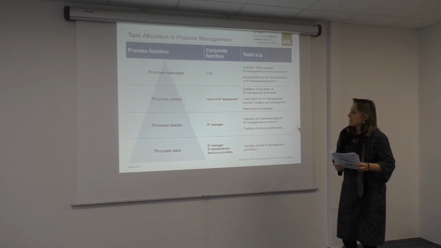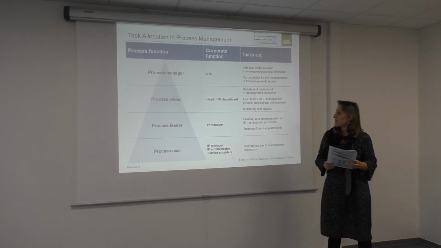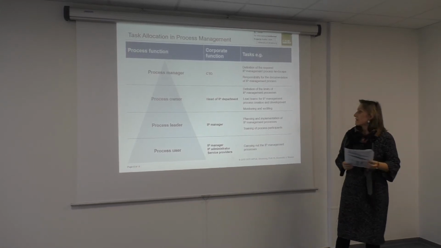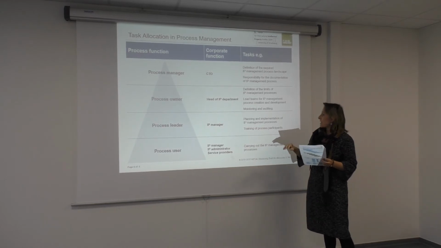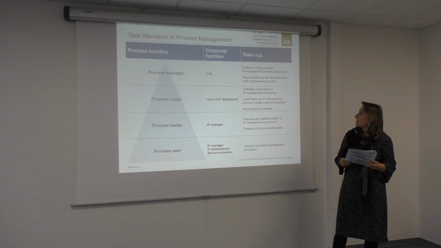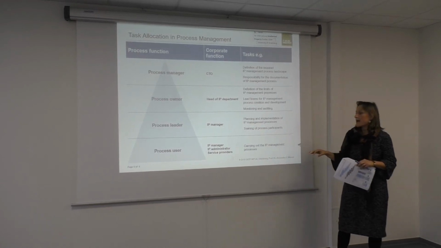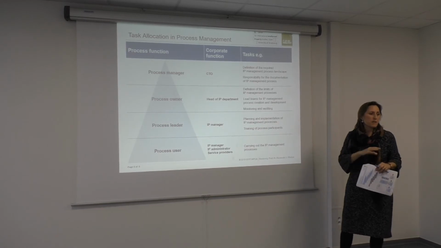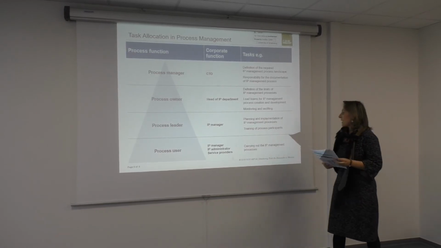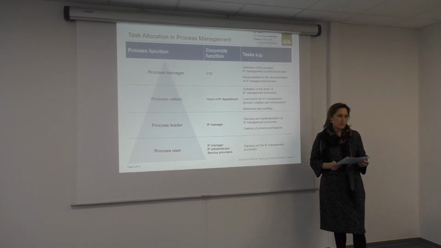And another process function in this process management is the process leader. The process leader, for instance, can have the tasks of planning and implementing the IP management processes along the organization, and also training the participants of those processes.